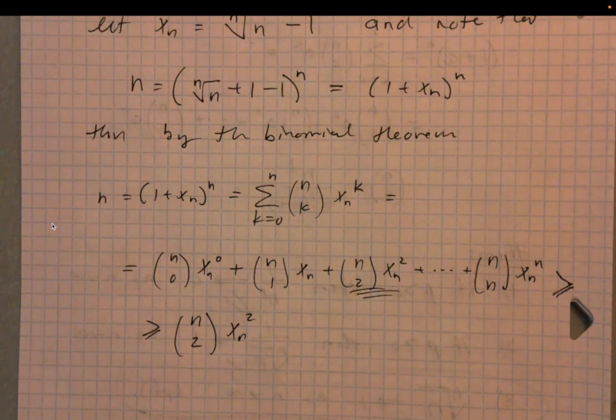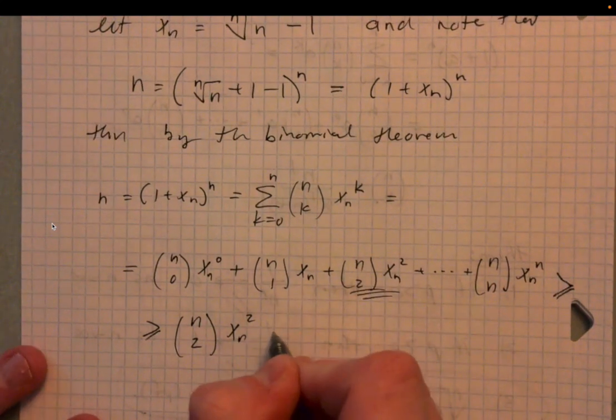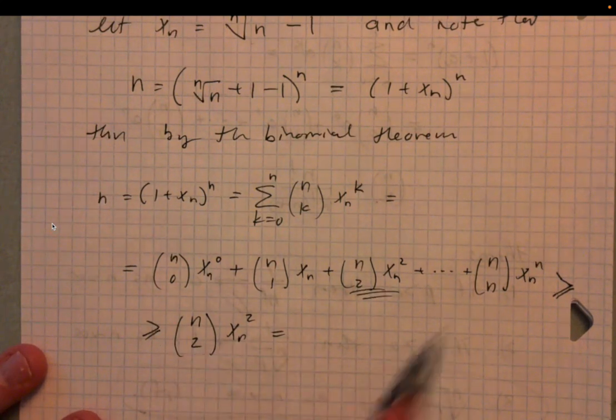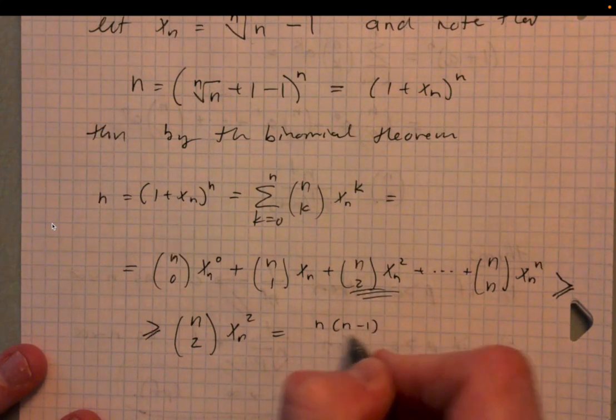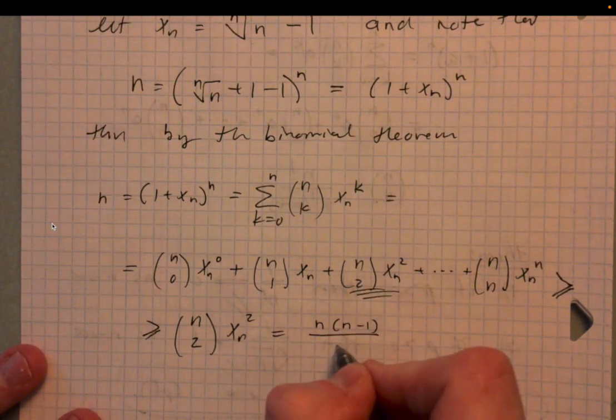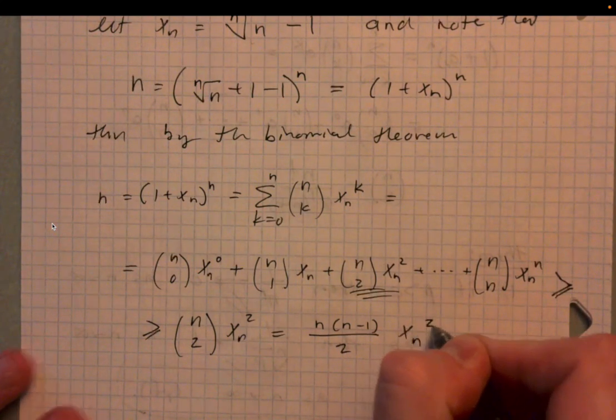So all n plus 1 terms is going to be greater than or equal to just that one term. In most cases it would be strictly greater than, but in this case we'll say greater than or equal to. Let's write out what this term is. This is n choose 2, which is n times n minus 1 over 2, times x sub n squared.